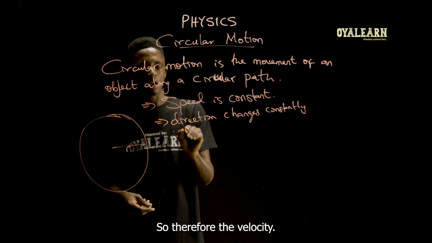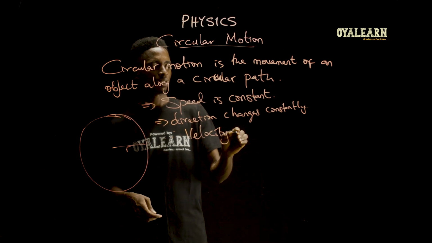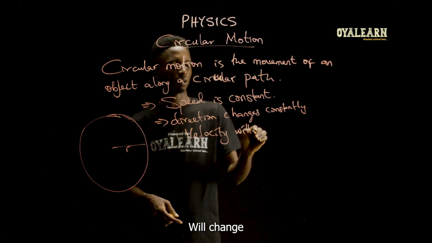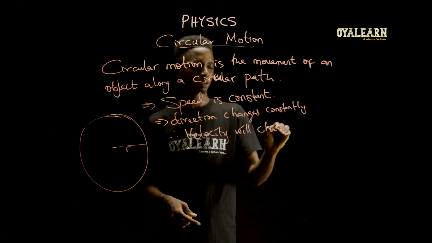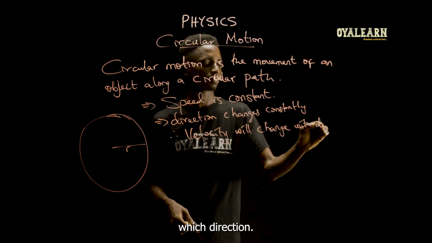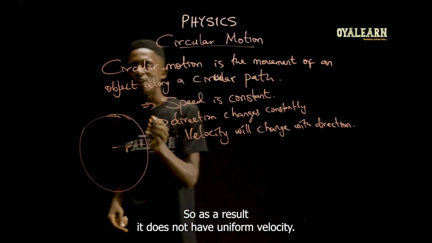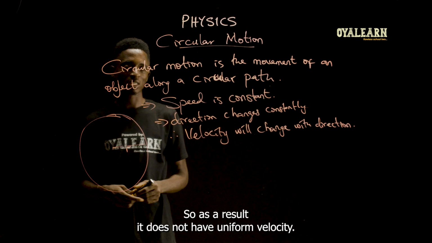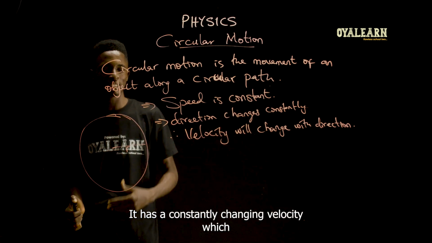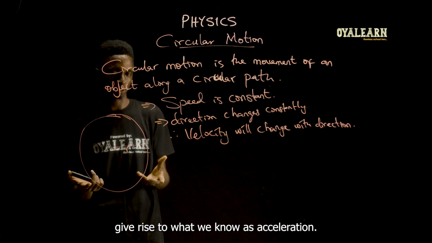So, therefore, the velocity will change with direction. So, as a result, it does not have uniform velocity. It has a constantly changing velocity, which gives rise to what we know as acceleration.